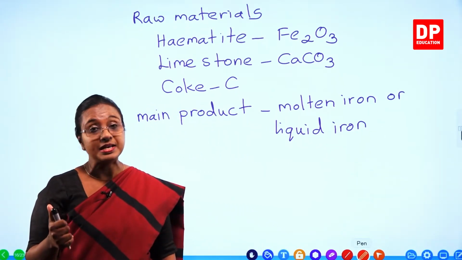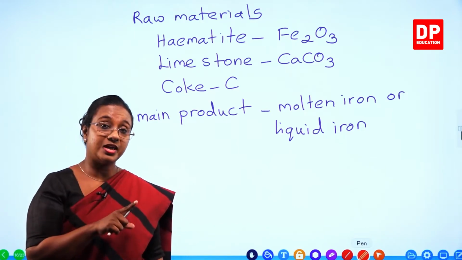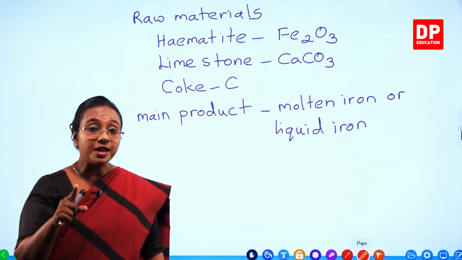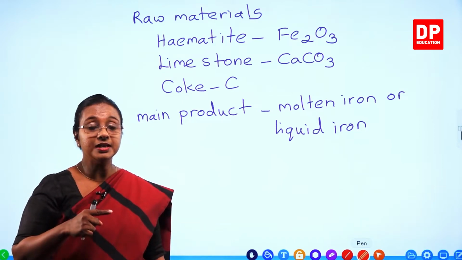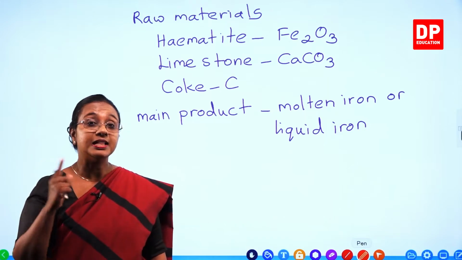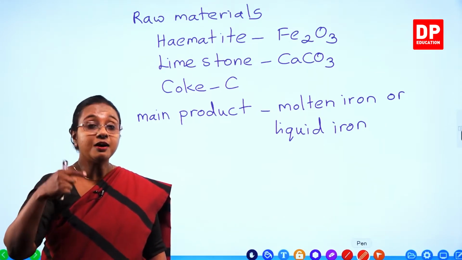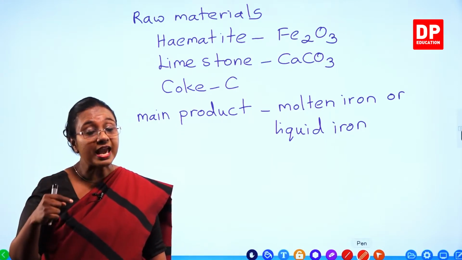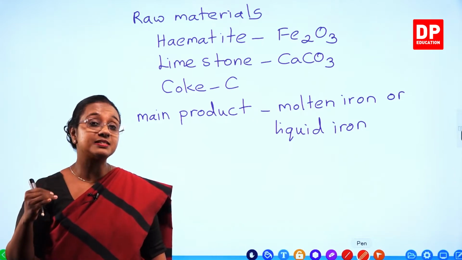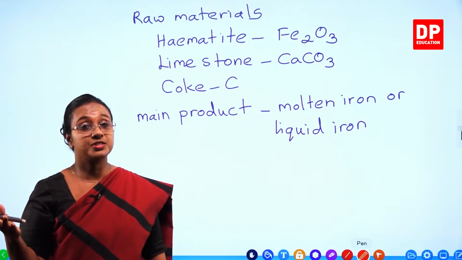One is carbon dioxide. Now students, you all can remember in the first reaction, carbon dioxide reacts with carbon and it is converted to carbon monoxide that is used as the reducing agent. But after carbon monoxide reacts with hematite and iron is extracted, then we discussed the reaction where calcium carbonate decomposes.